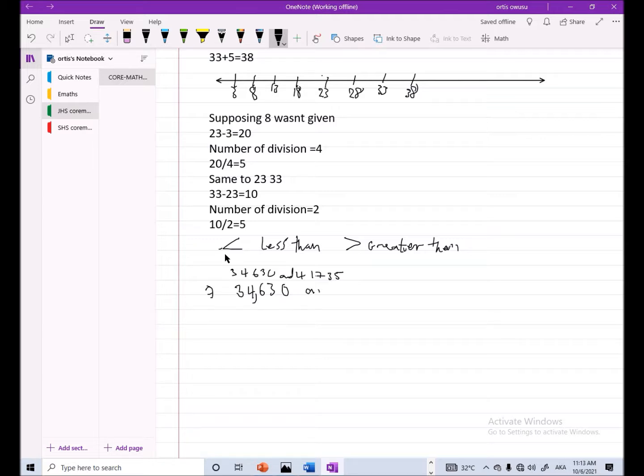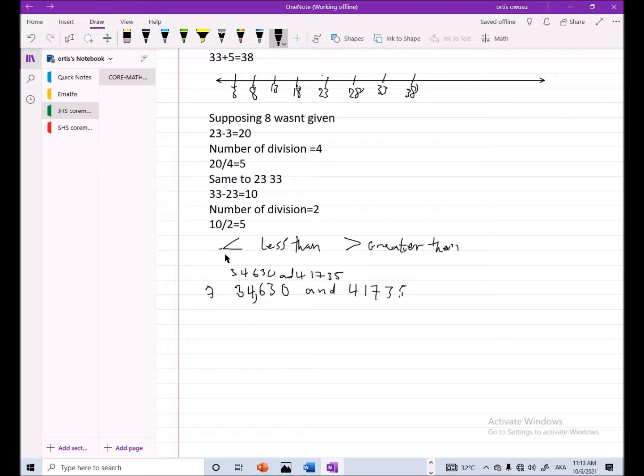And what do we have? We have 4 1 7 3 5. Okay, so how do we do it? We have 1 2 3 4 5, which is in 10,000. So we bring our comma by counting first 3, 1 2 3.